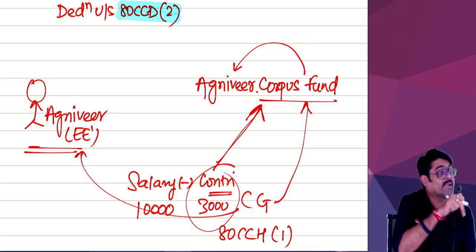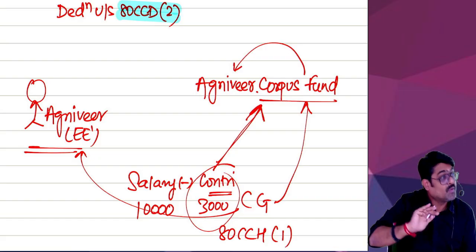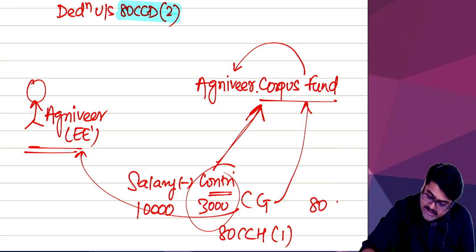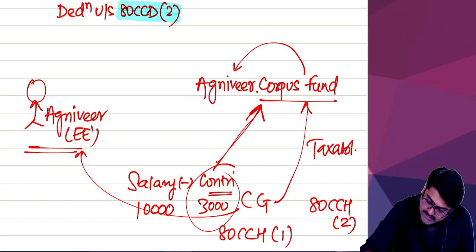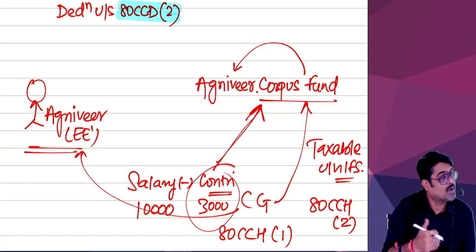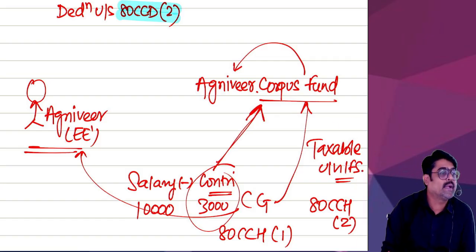First effect. And second effect, for this amount, you will additionally get a deduction under section 80CCH subsection 2. So first it will be taxable under the head income from salary, employer's contribution to your Agniveer corpus fund. And for that, later on you are going to get the deduction under 80CCH subsection 2.